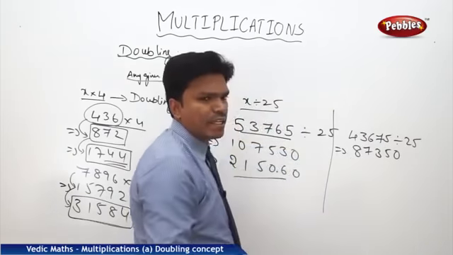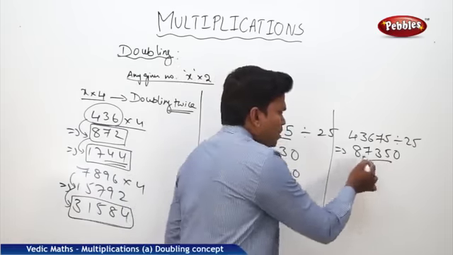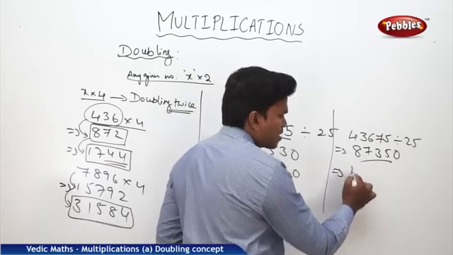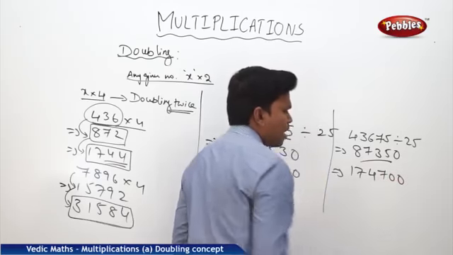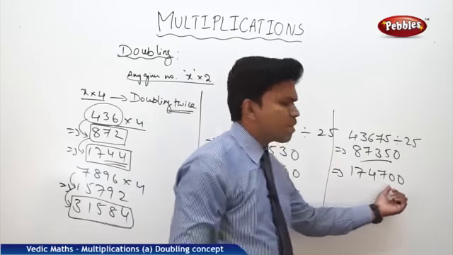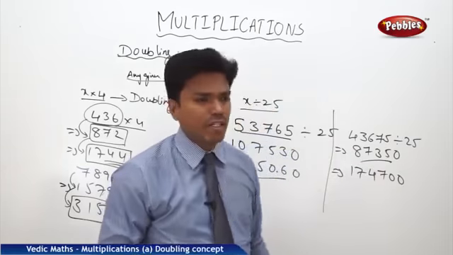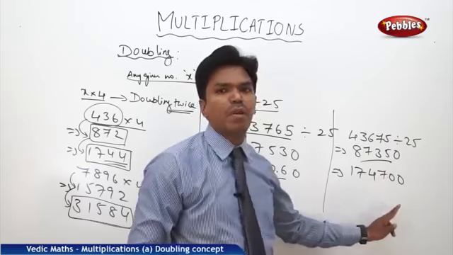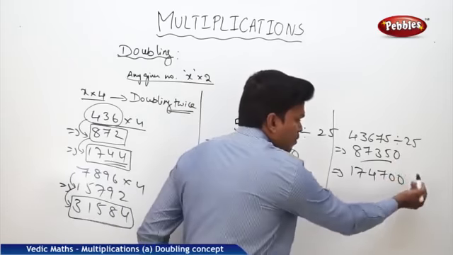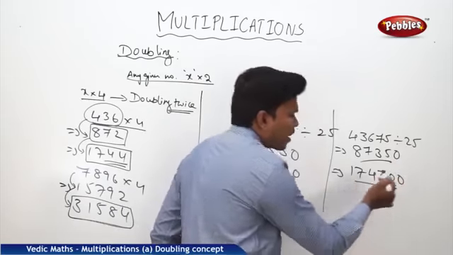This is the first time doubling. Again make this number double. How much will you get? 174700. So I got 174700 as my second time doubling. See, the first time doubling is not my answer. After getting the second time doubling, put a decimal point after 2 digits from right, and this will be my answer.